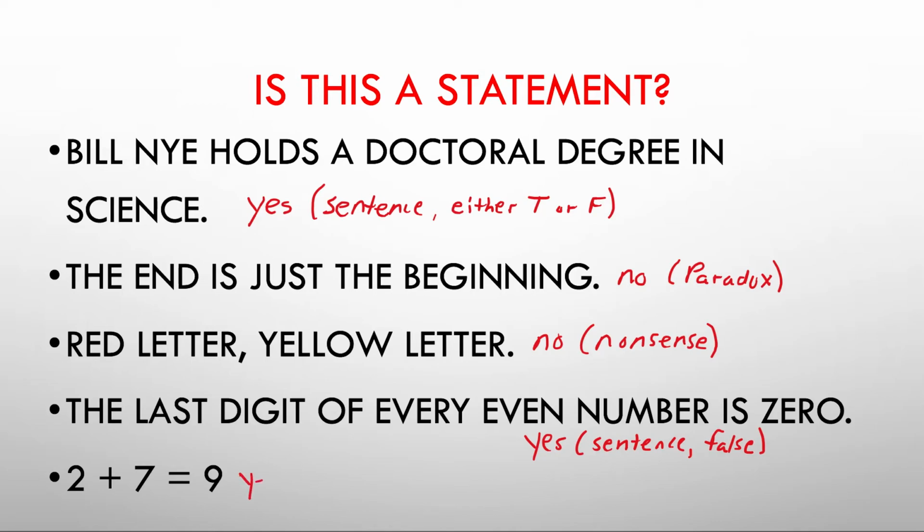It is a sentence, not in terms of what you would see in an English class, but in a math class, we consider this equation to be a sentence. And it has a true or false value. In this particular case, 2 plus 7 is equal to 9, and so it has a true value. So it meets the conditions to be considered a statement.